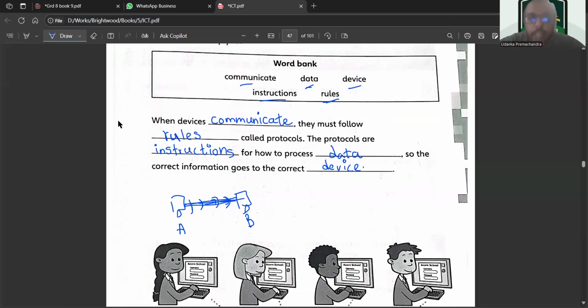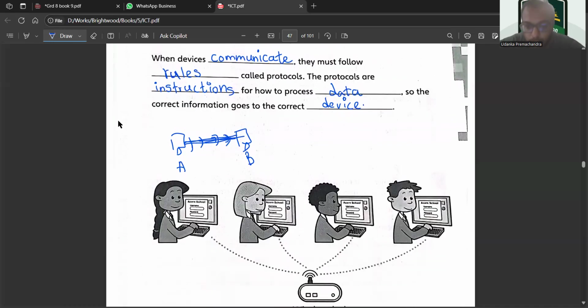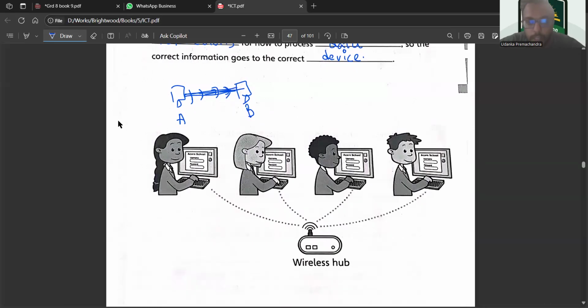When devices communicate, they must follow rules called protocols. The protocols are instructions for how to process data, so the correct information goes to the correct device. Like here, it is mentioned that the correct information goes to the correct device by using a protocol.